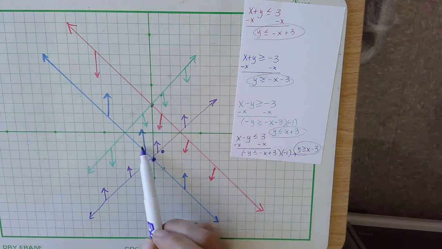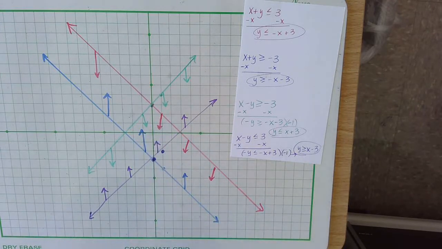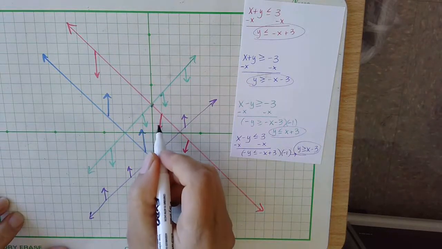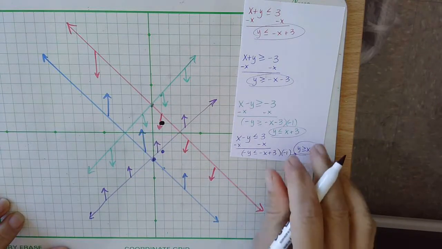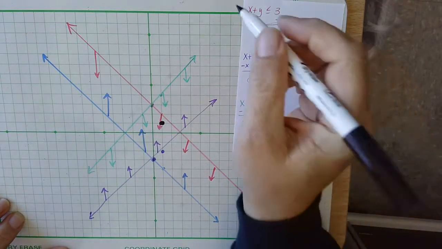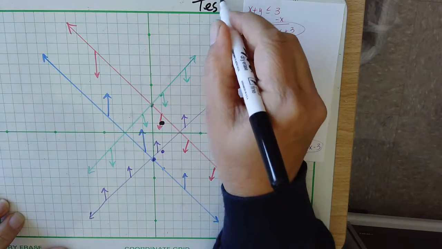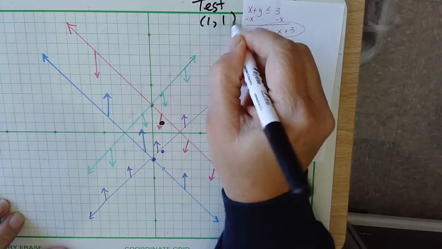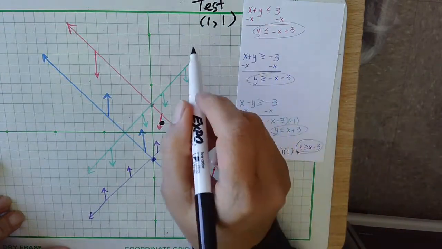Where all the arrows point, this diamond should be my solution area. But you can check a test point and make sure for each one that the inequality is true.